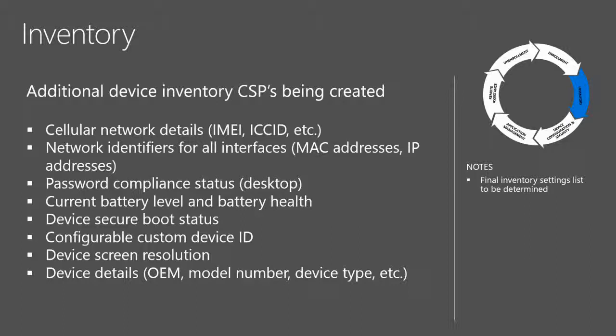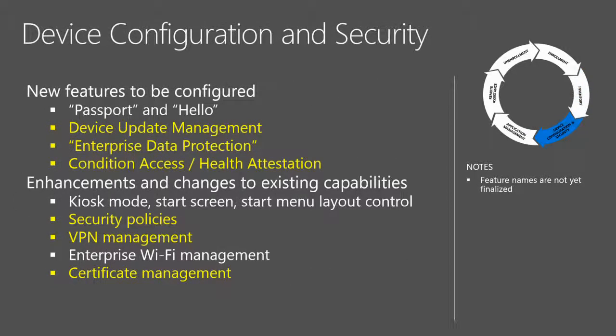I'm not going to read them all, and this slide probably doesn't contain all of them, but please remember there are a lot of new inventory settings that are now being collected through MDM. The other features and enhancements that are implemented from a Windows 10 perspective are also not all listed here, but these are the main features that you will probably see this week and that will be announced.